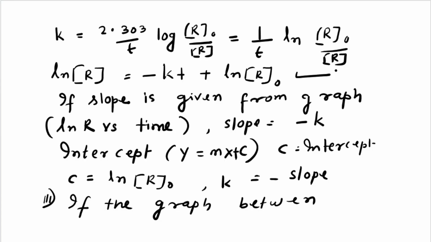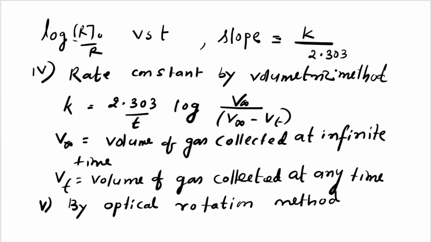Now if the graph is between log [R]0/[R], you should put the concentration sign, otherwise it is meaningless. Here [R] is the final concentration at time t.